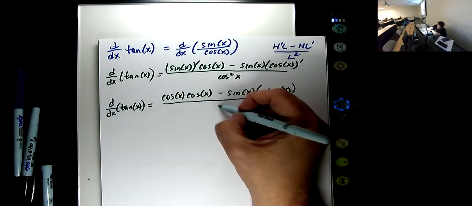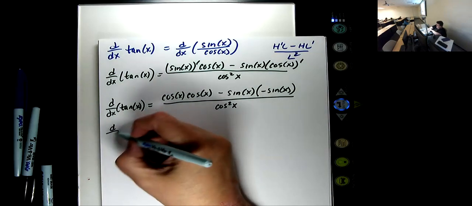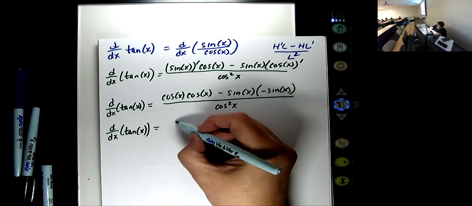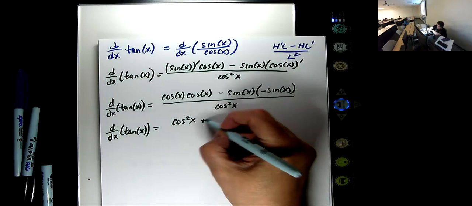All over cosine squared x. d dx of tangent x is cosine squared x. And then negative sine times negative sine is positive sine squared x.